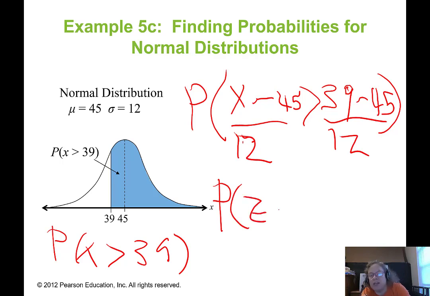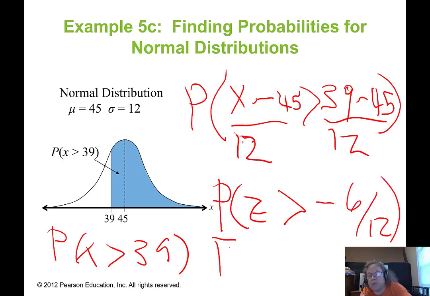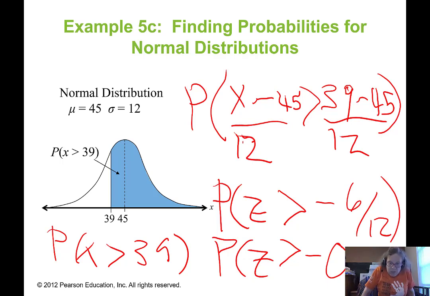So what we're saying is that the probability that x is greater than 39 is the same as the probability that a z random variable is greater than negative 6 over 12, which is the probability that that z is greater than negative 0.5.